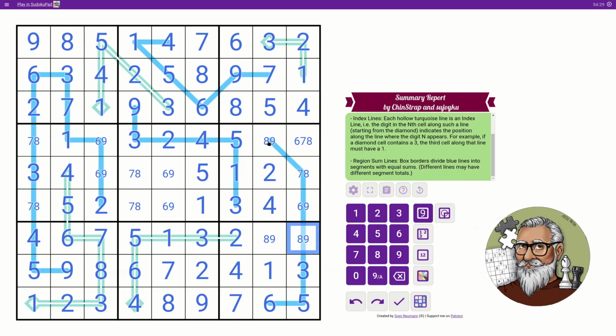Right, though, if this is 9, then this one has to be 9 and 8. And if this is 8, then this is definitely not an 8.